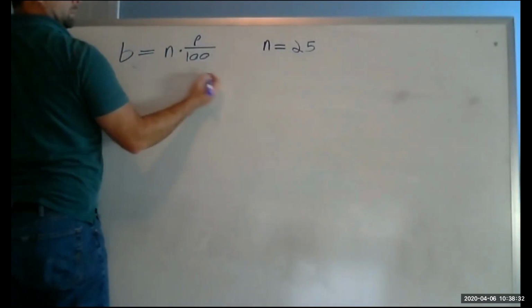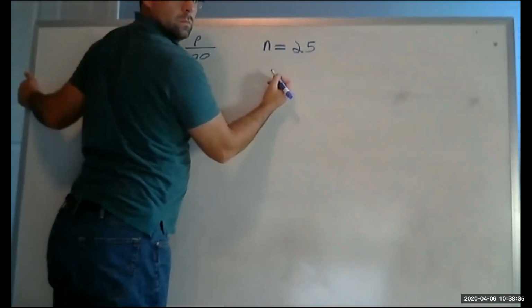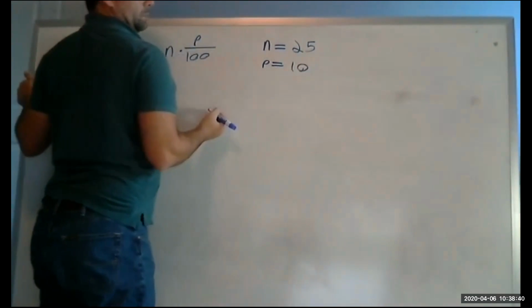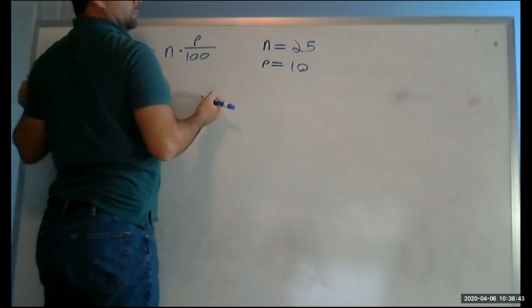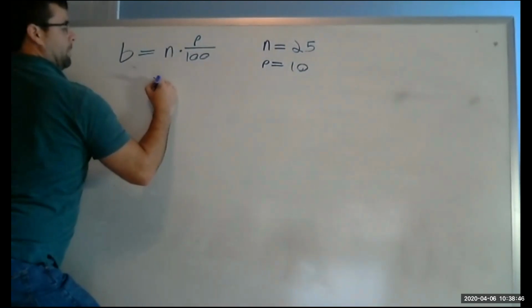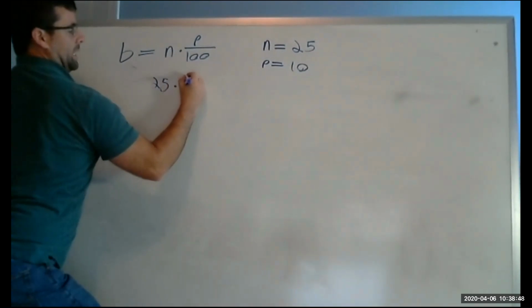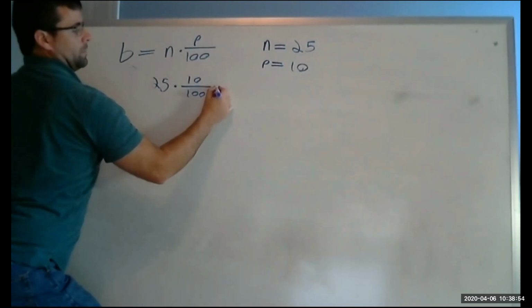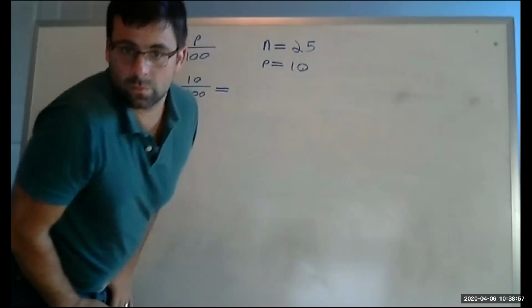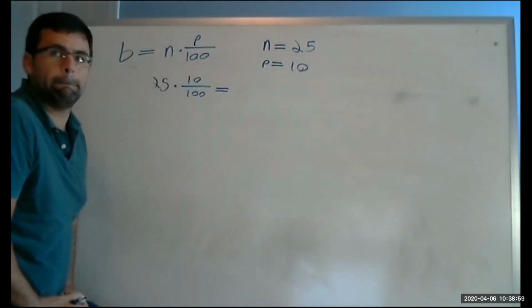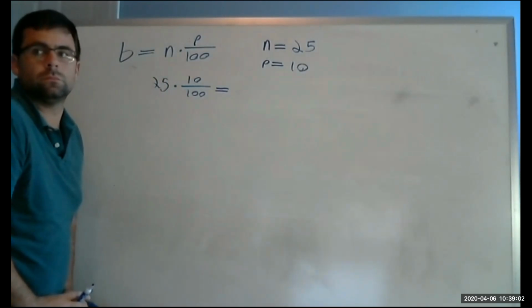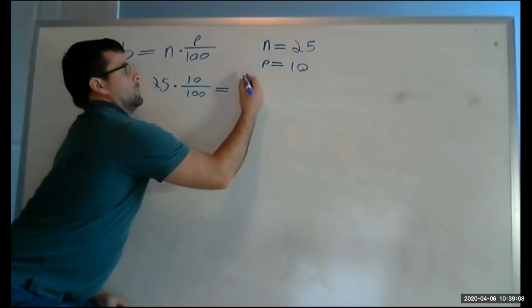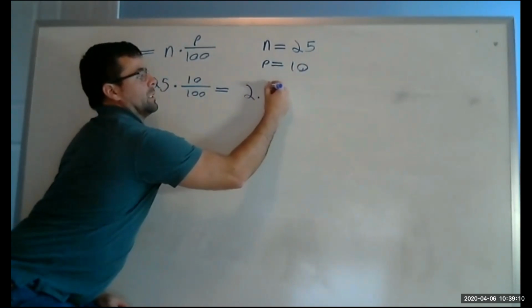So P equals 10. We plug those in. So we have 25 times 10 over 100. What is that? So this gives us 2.5.